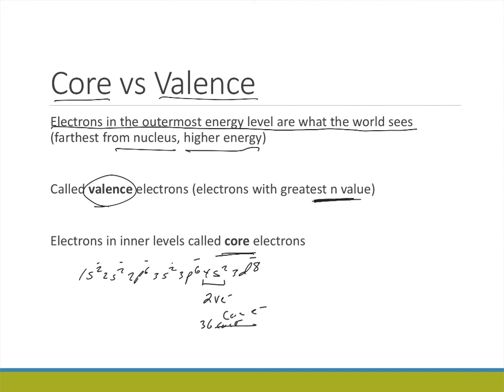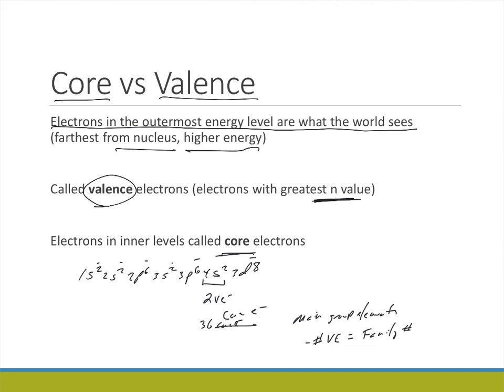Now, for our main group elements, this is actually really easy. The number of valence electrons equals the family number. So, for group 1, there's 1 valence electron.